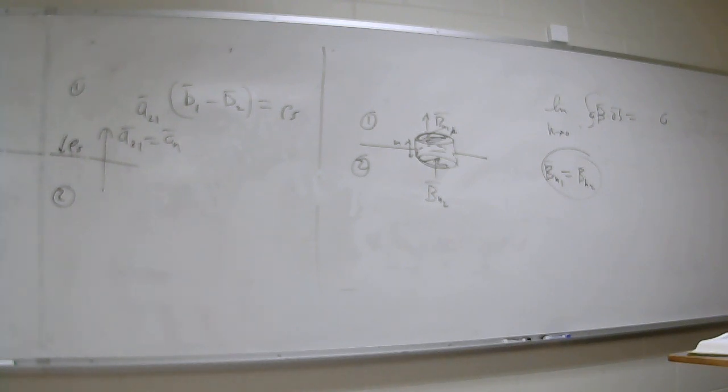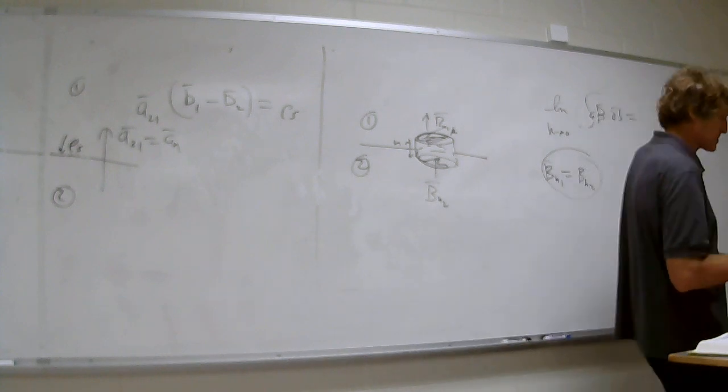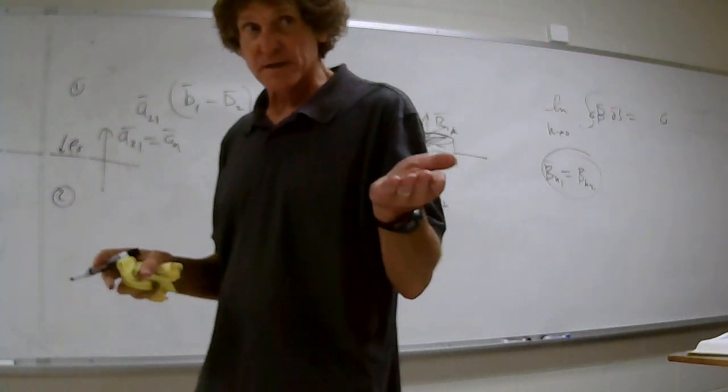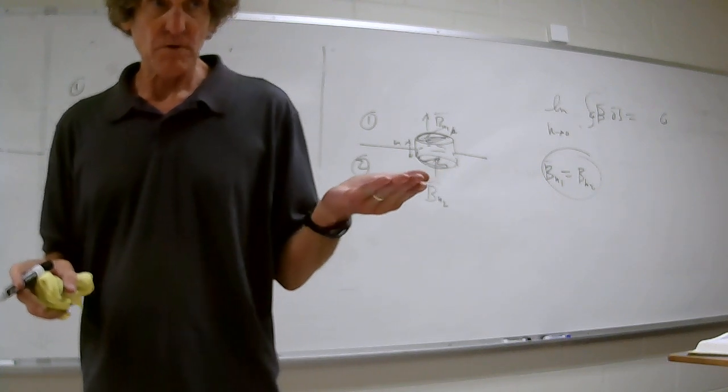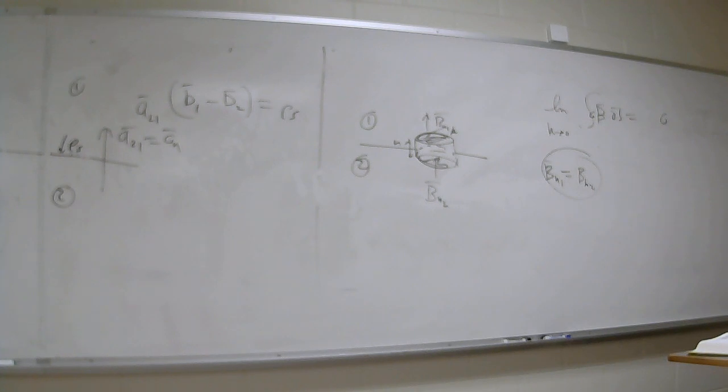However, the tangent component of the H field will be a function of surface current density. Usually H tan 1 is H tan 2 if there is no current on that surface. No surface current. You go with me? It's similar, but opposite. Before, we know that E tan 1 is E tan 2.